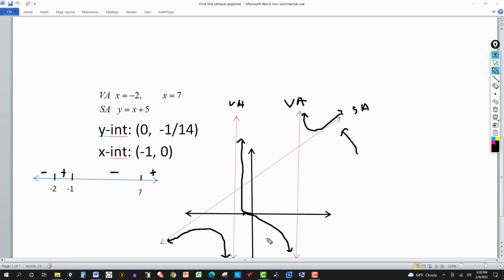If you go to the window for the calculator, the standard range for the x would be x from -10 to 10, y from -10 to 10. So you might have to increase the y from -10 to say 30 something, or the x from -10 to 30 plus something. So you have to play around with it. But this is kind of what the graph is going to look like.